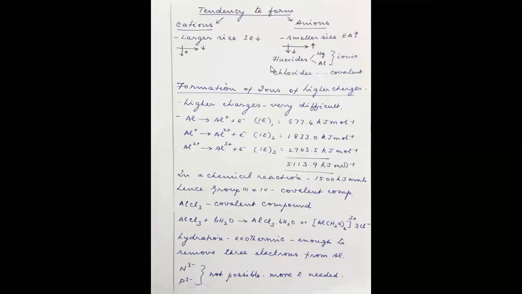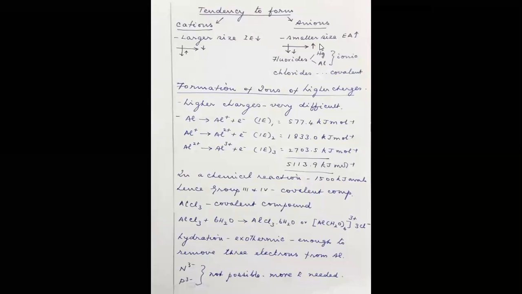See, fluorides of mercury and aluminium are ionic, but at the same time, chlorides of mercury and aluminium are covalent. The reason is fluorine is at the top, so the size is small and the electron affinity is high.